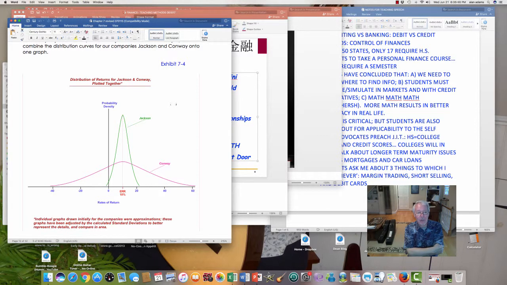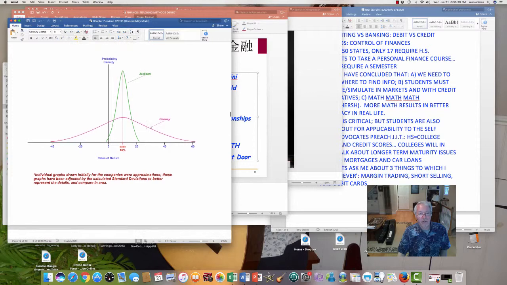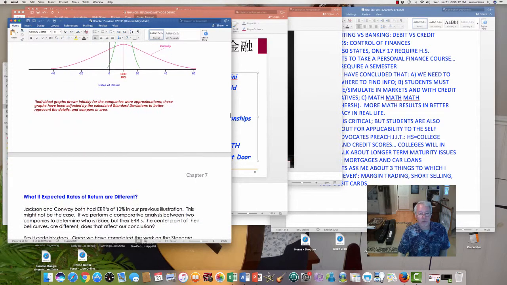And even though I drew these by hand using software, I tried to make them as accurate as possible based on the numbers that we just derived in our 2 matrices, the 3.54% and the 17.68%, respectively for Jackson and Conway. And again, we see that Conway is the riskier of the 2.